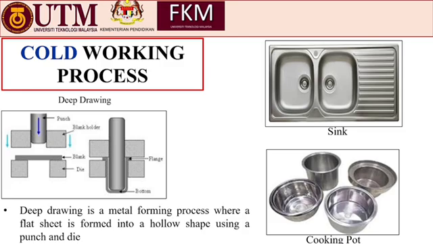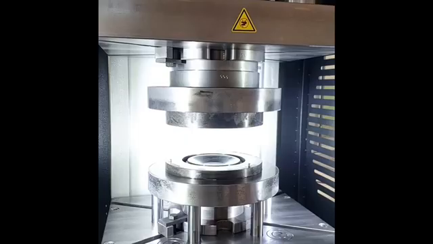Deep drawing is a metal forming process where a flat sheet is formed into a hollow shape using a punch and die. These are examples of products made from deep drawing. For example, sinks in our kitchens and cooking pots that we use to cook curry are all made from deep drawing. Let's see how the deep drawing process works.